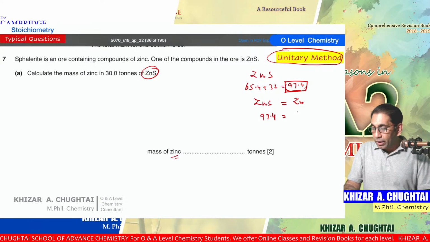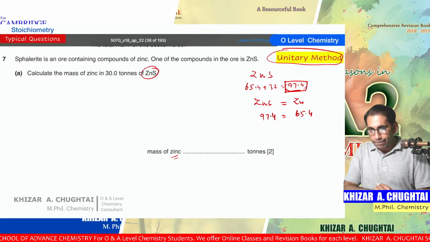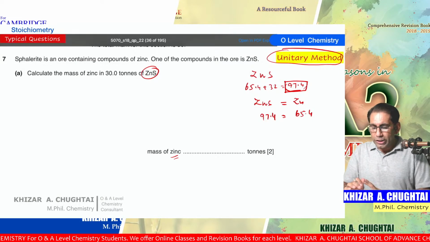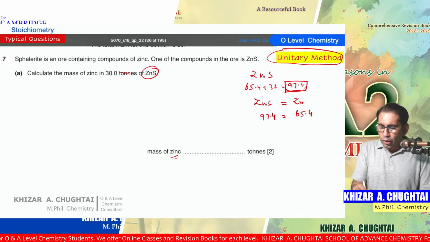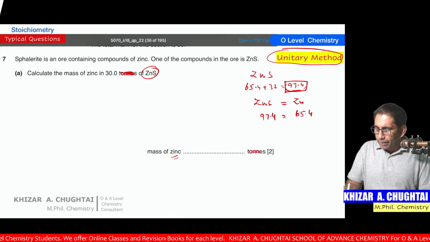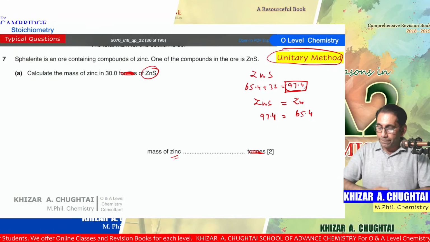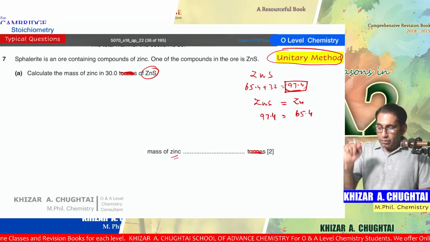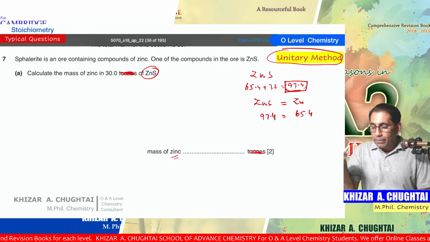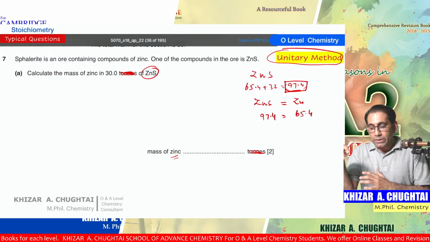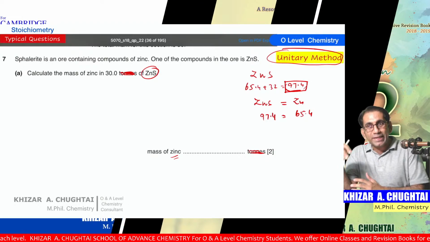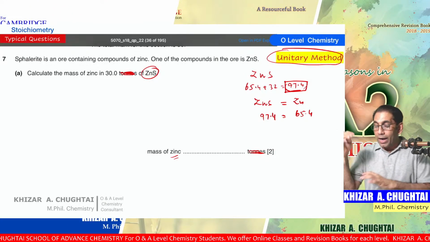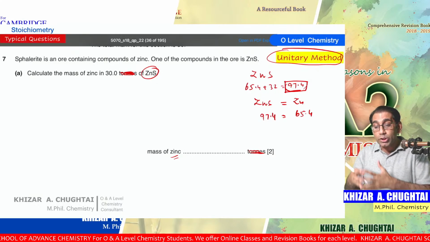Obviously it will be 65.4. Don't forget to convert the units, or you can ignore these units initially. 97.4 gram of ZnS is equal to how many grams? 65.4 grams.